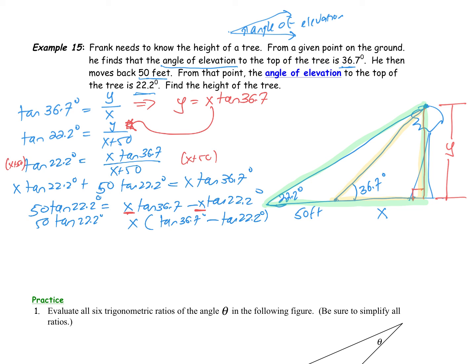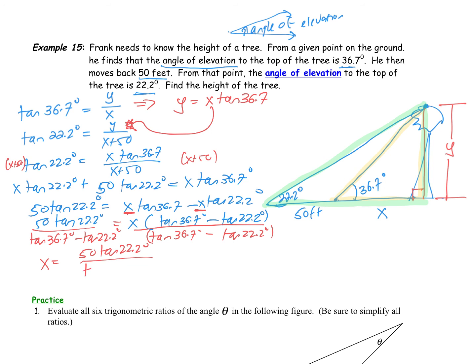So let's divide both sides of the equation by that constant, tangent 36.7 degrees minus tangent 22.2 degrees. So we will get that x is equal to 50 tangent 22.2 degrees over tangent 36.7 degrees minus tangent 22.2 degrees. If we enter that in a calculator, we'll find out that x is 60.5 feet.